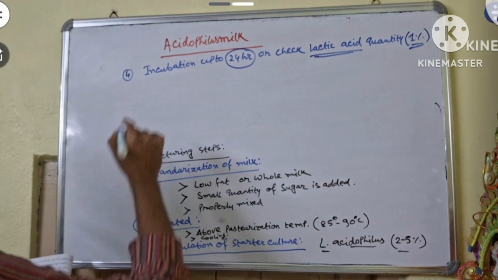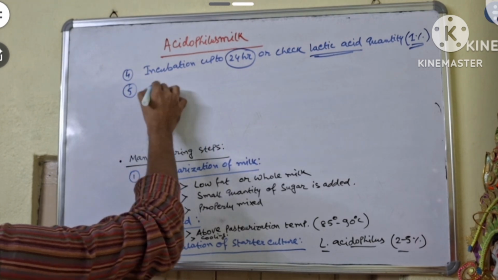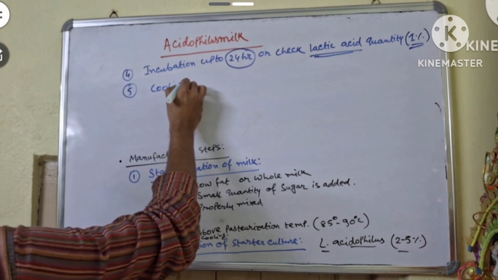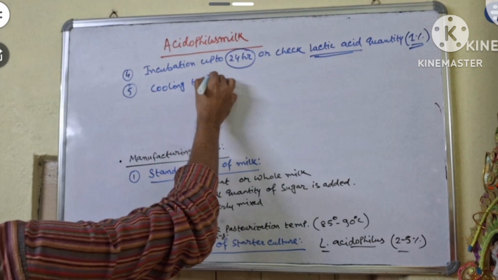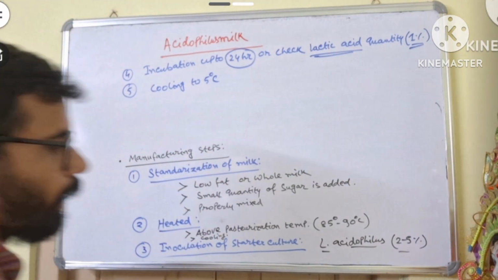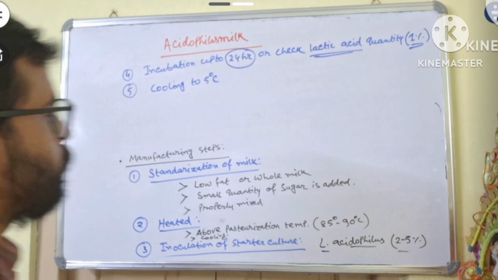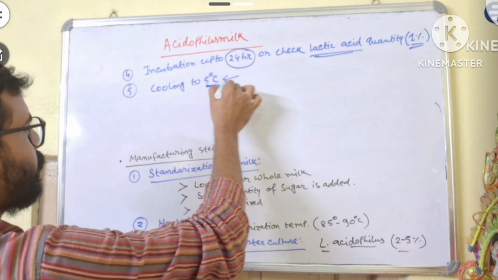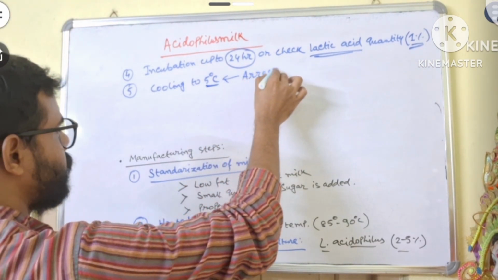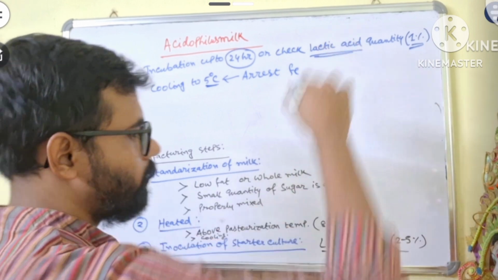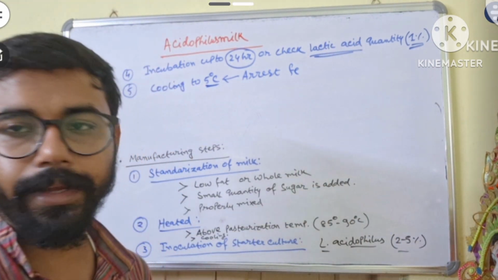followed by cooling to 5 degrees centigrade, and that cooling arrests the fermentation process, because Lactobacillus could not grow below 10 degrees centigrade.